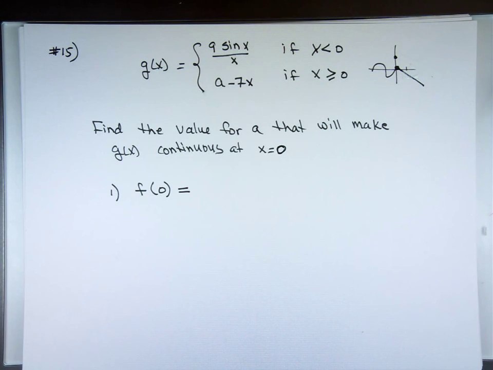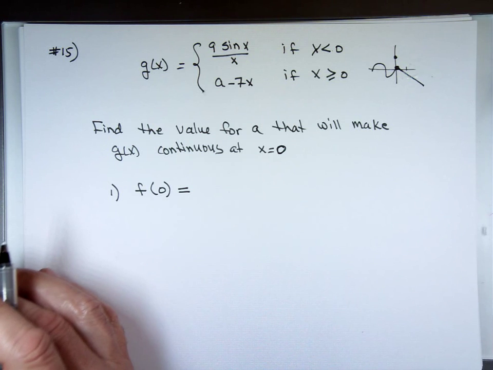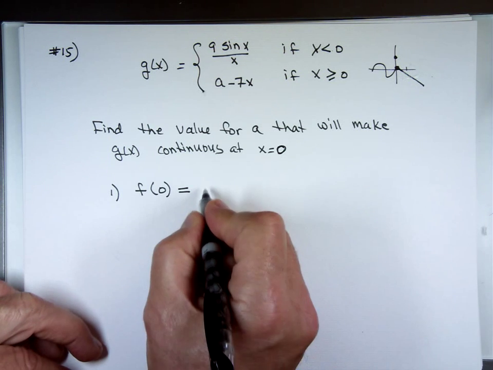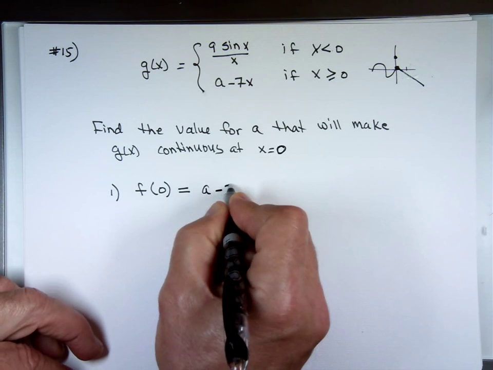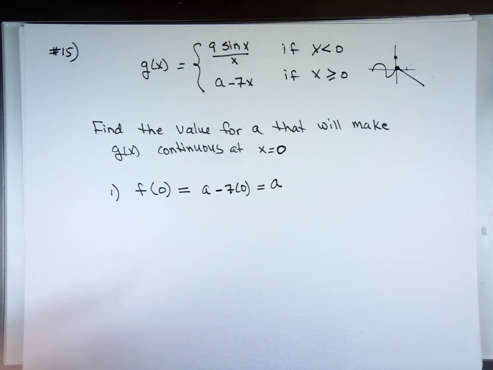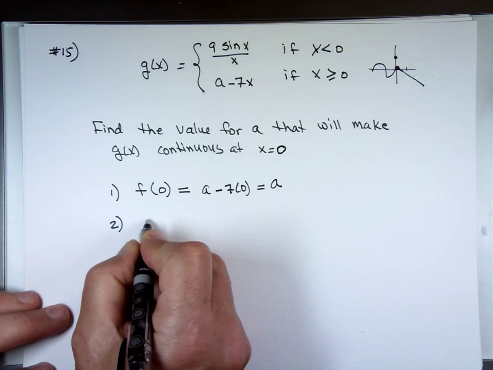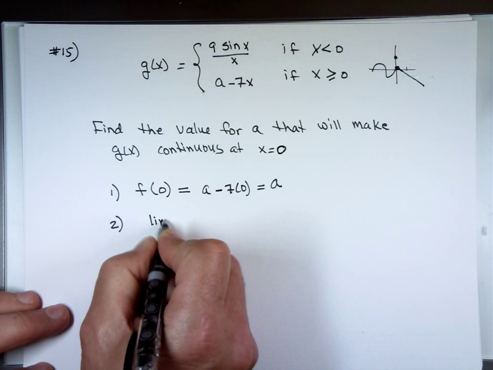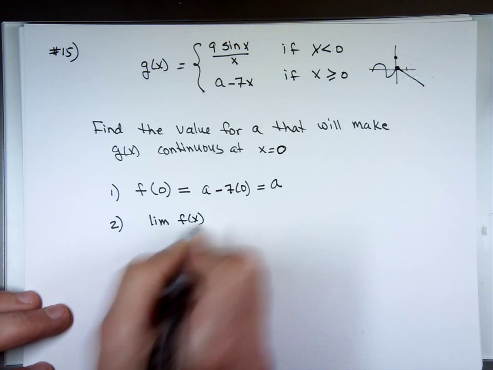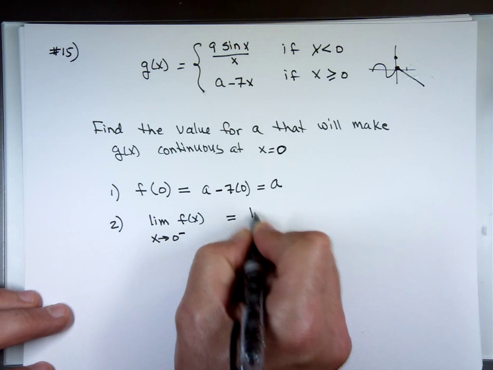So for f of 0, do I have to use this one or that one? The bottom one. So replace x by 0. So what's the answer? The answer is a. Number 2, you want the limit to exist. Let's look at the limit from the left side. It has to equal the limit from the right side to exist.